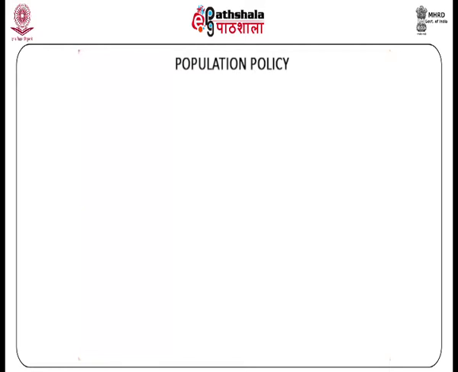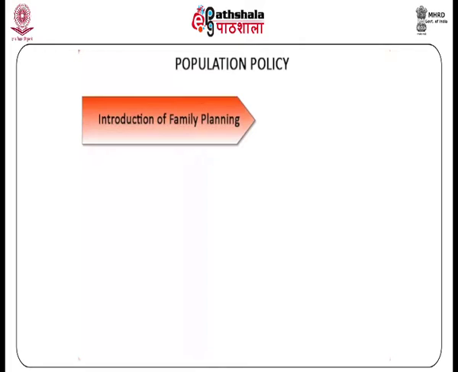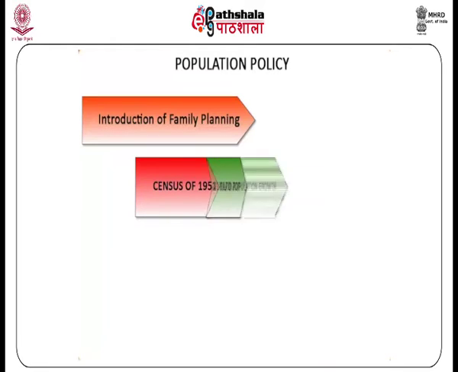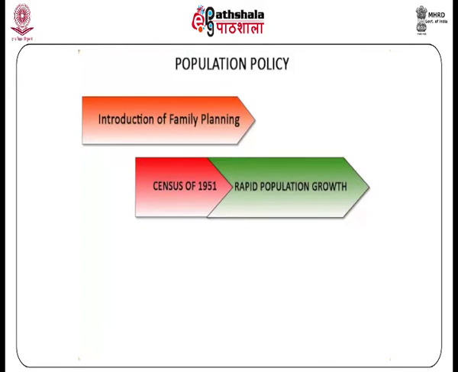Beginning with the introduction of family planning, the census of 1951, the first census after independence, showed rapid population growth. Agricultural growth was, however, not so good, and a food problem began to emerge.